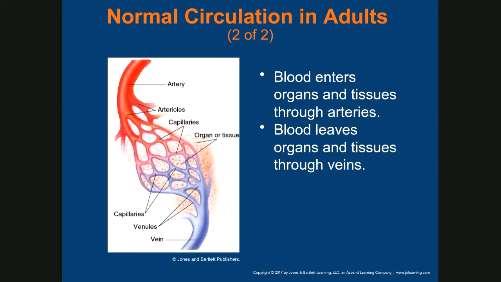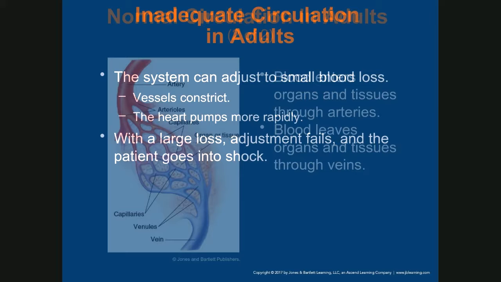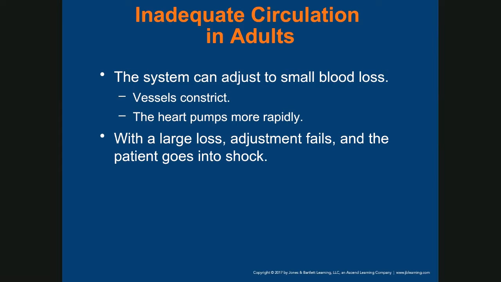So blood enters organs and tissues through arteries. Blood leaves organs and tissues through veins. Right? Now, if you know what is normal circulation, then inadequate circulation would be the reverse of that.